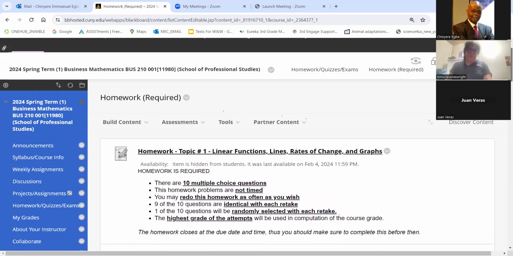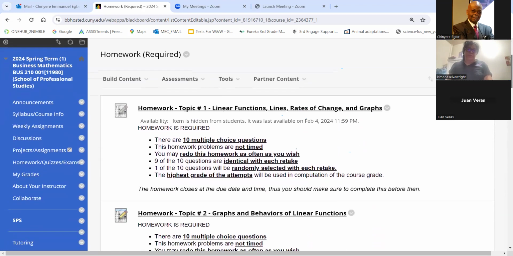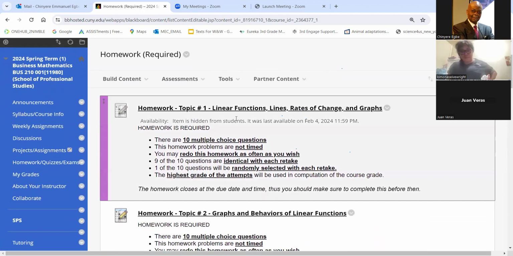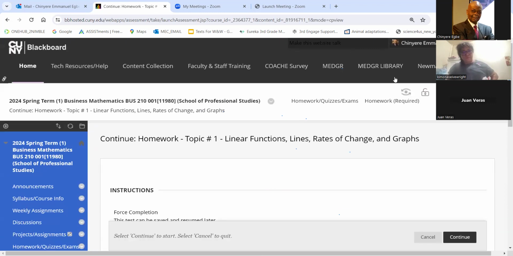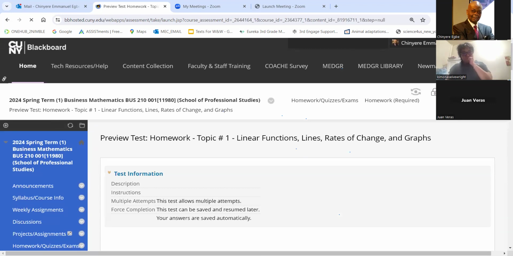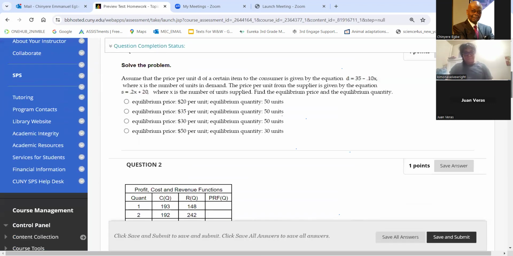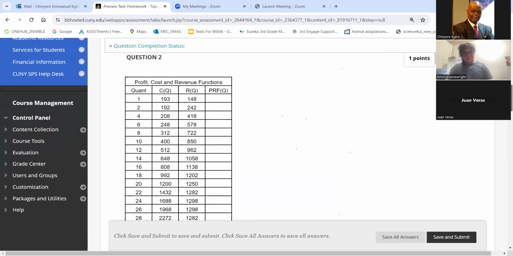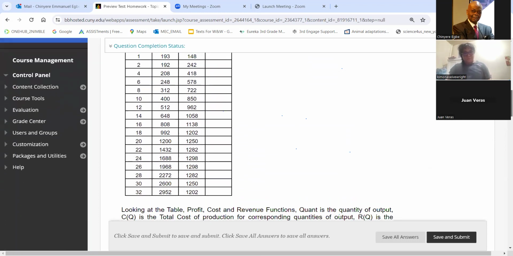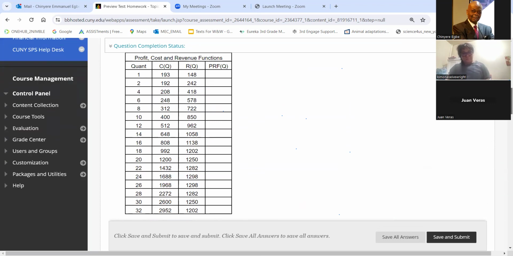Can we do another one? Just any one. This is the first one we did. So this is the one we were talking about, or do you want to look at another?